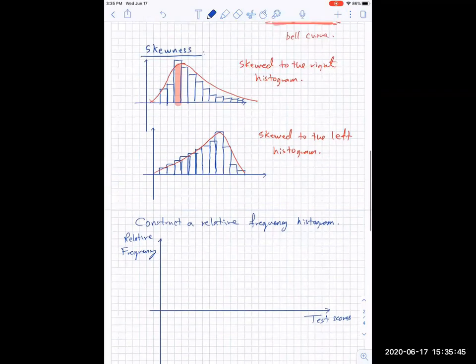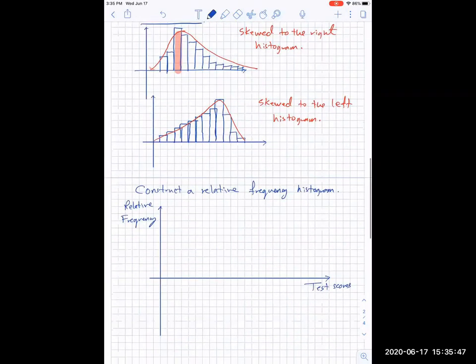And where did we start? We start with 40, 50, 60, 70, 80, 90, 100.